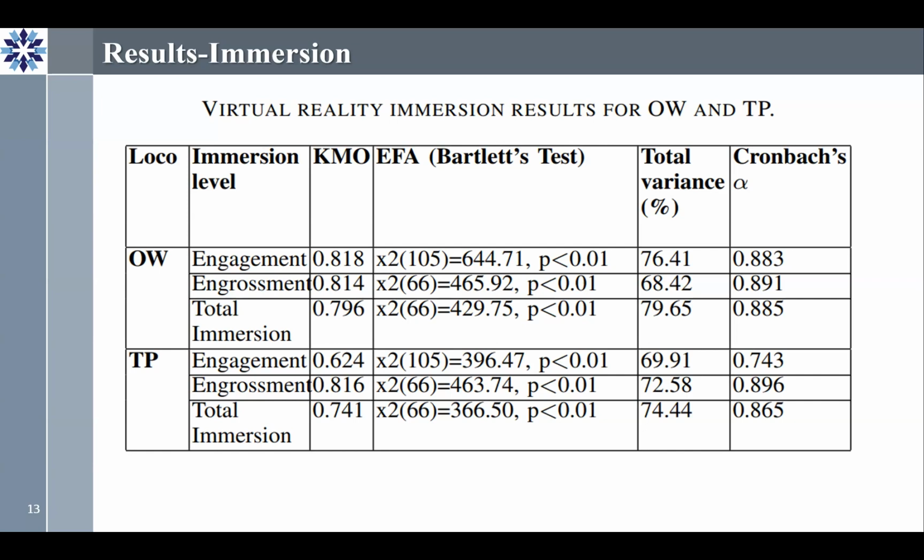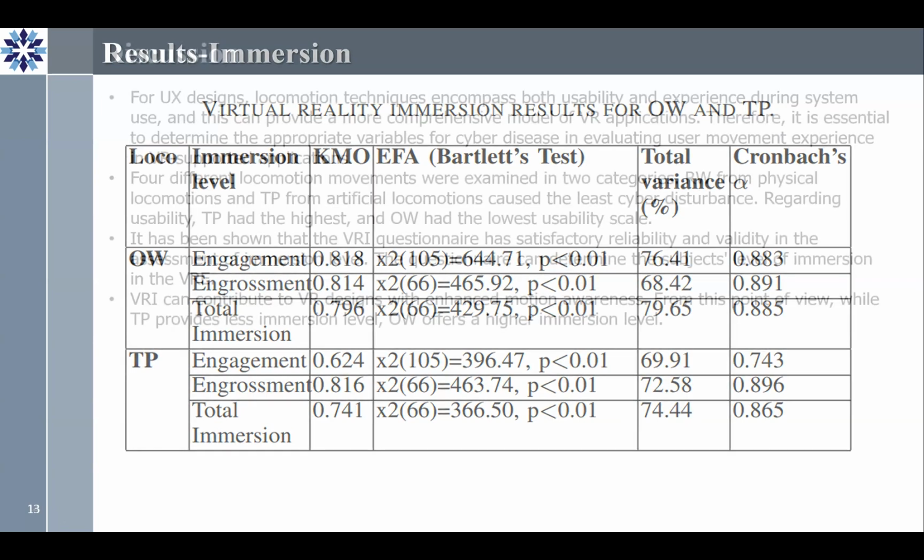Similarly, it was determined that the total immersion level for teleport consists of a three-factor structure, and these three factors explained 74.44% of the total variance.